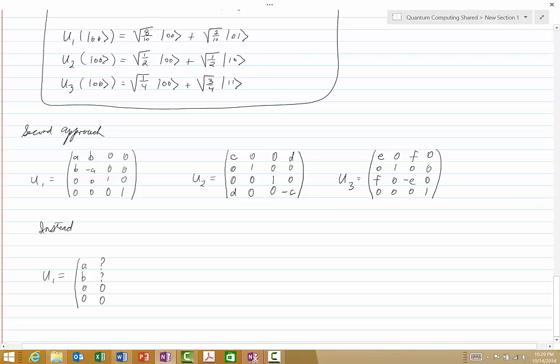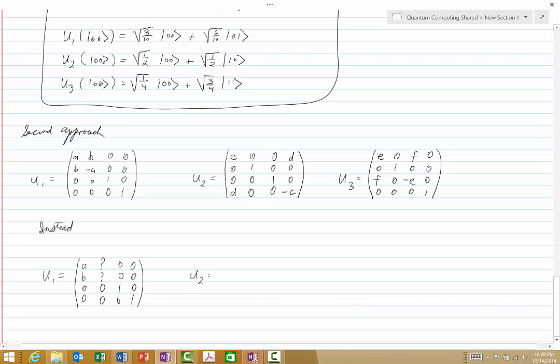Now, in all of what I'm about to do, don't interpret the question marks as all representing the same number. A question mark is just something that's unknown. Now, the next two columns of U1 are known, and so we'll put those.